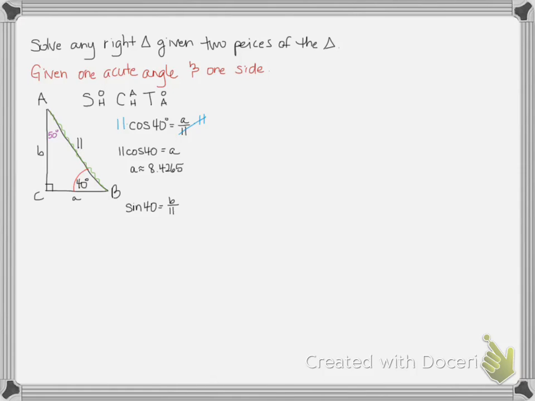And then we go through very, very similar steps as last time. Multiply by 11 to cancel. Pick it up on this side. And now we've got that b is going to equal 11 sine of 40. Can somebody give me that approximation to 4 decimal places?